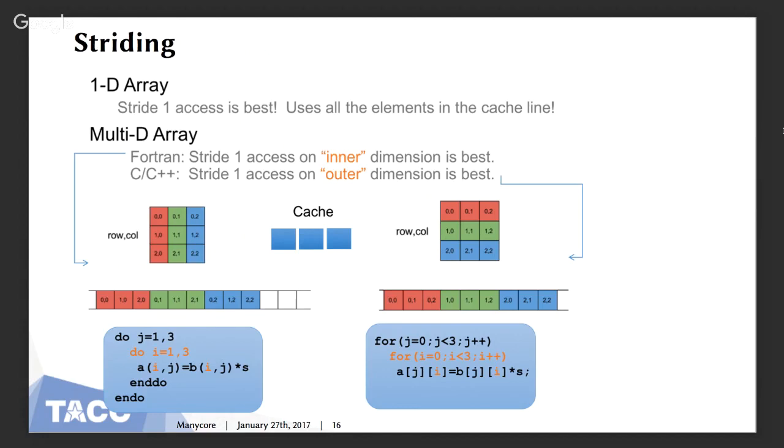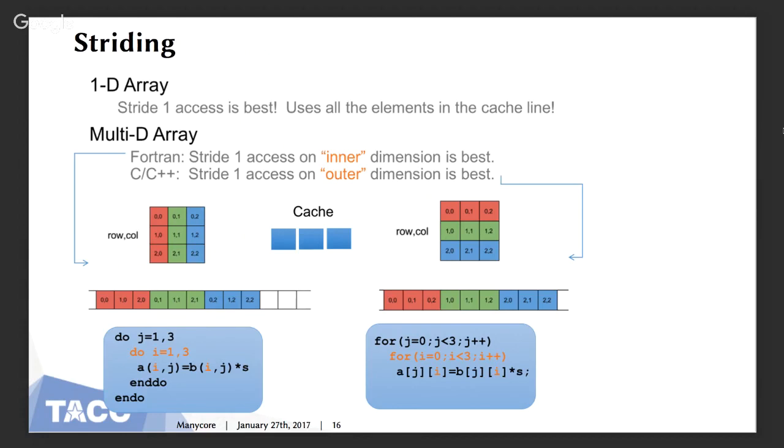C is actually a little bit different than this. For 2-dimensional arrays, it is arranged row-wise first. It's called row ordered versus column ordered. So you can see the red goes along the row.